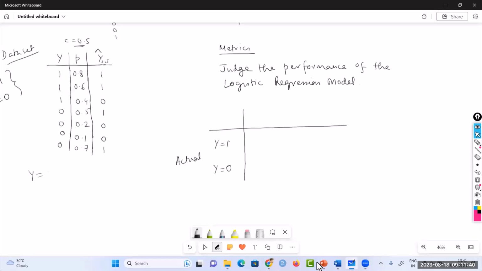So y equals 1 means true or positive or good. Y equals 0 means false or negative or bad. Something like this.